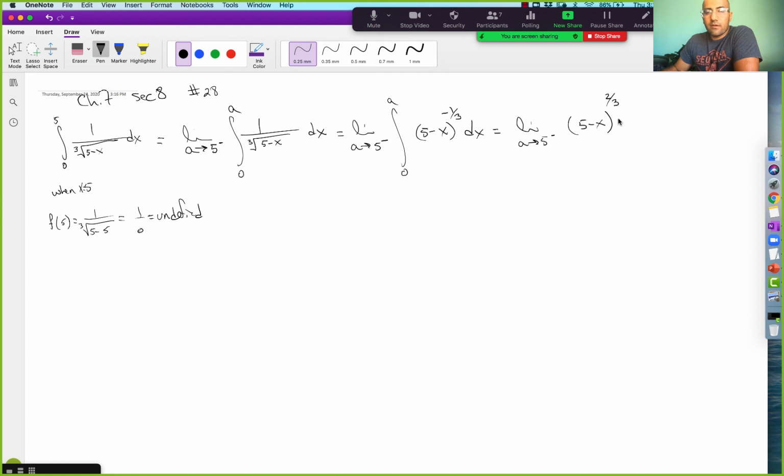Right? If you think about reverse engineering this, we bring the constant out in front, subtract 1, subtract 3 over 3, we get negative 1/3. Of course, we don't want that 2/3, so we got to multiply it by 3 over 2. Good. All of that gets evaluated from 0 to A. Good. Questions?